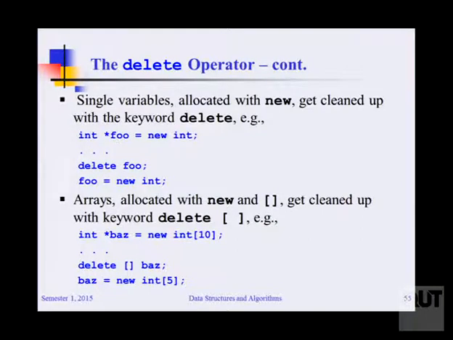Student: I understand why you might want to make a dynamically allocated array. You might not know what size you wanted. But why would you want a single dynamically allocated variable? This is a good question. I'm afraid I can't give you an example right now. Sometimes you can do that, but you don't have to.